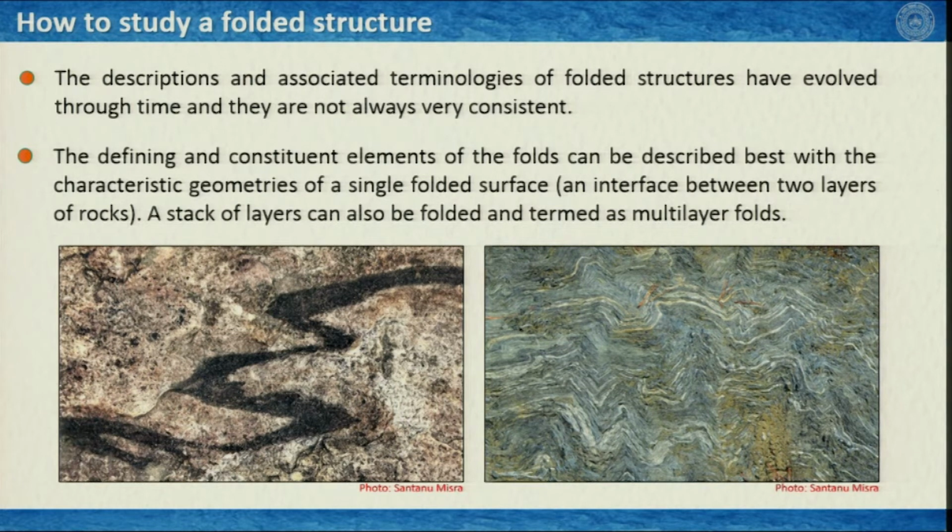This is the example given in this photograph. You can see that in this granitic matrix we have a black layer which is defining the fold. On the other sides we do not have any other layers to interfere with this fold.